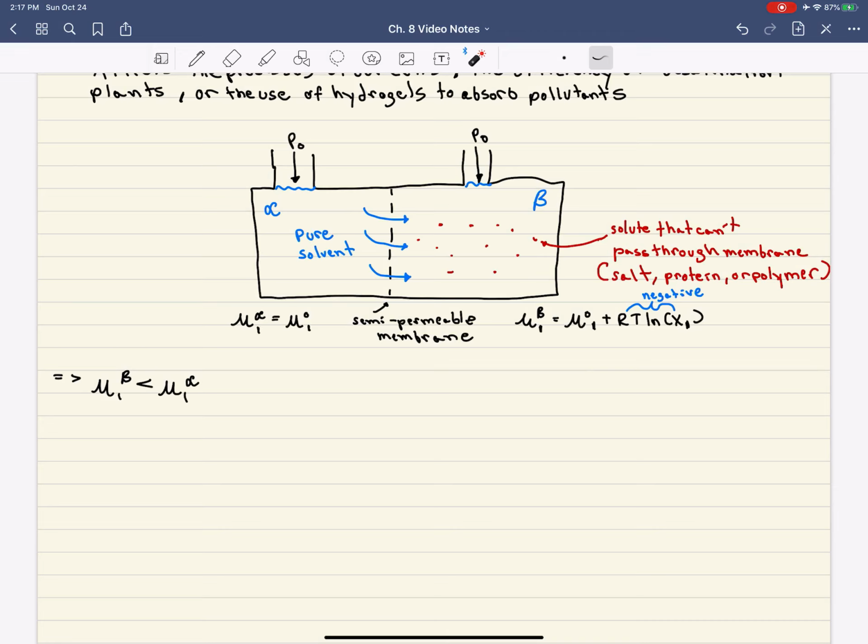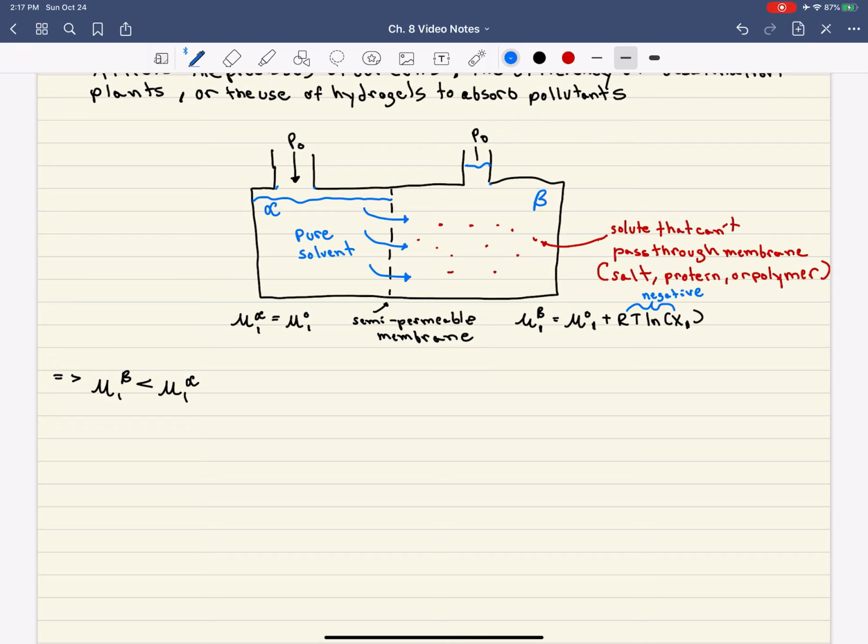And so as a result of that, the liquid levels between the two compartments will start to change. The liquid level in the alpha compartment slightly decreases, and the liquid level in the beta compartment increases.